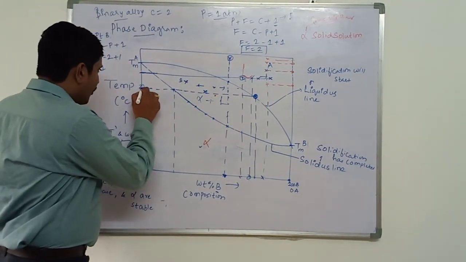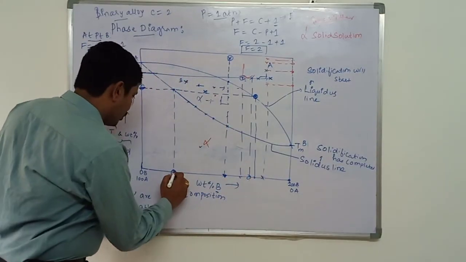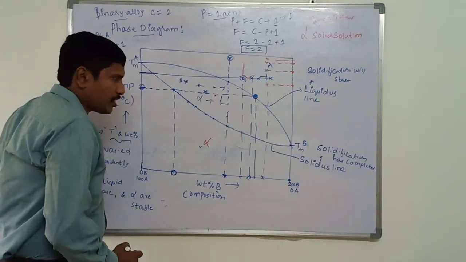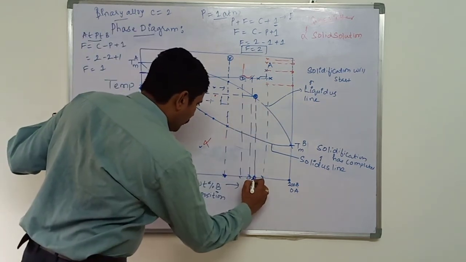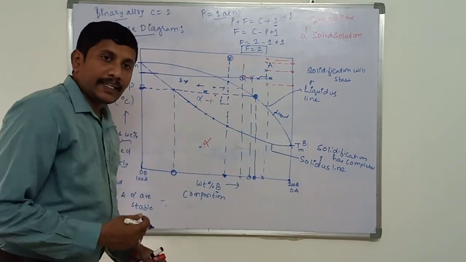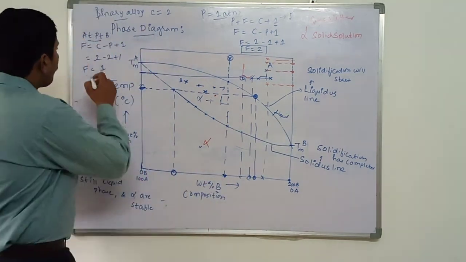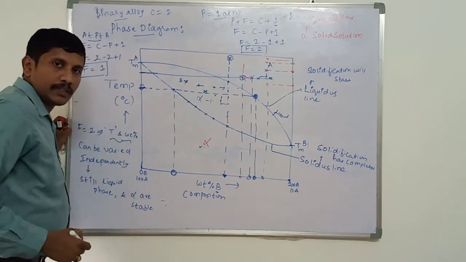If you are choosing the temperature, the composition of the alloying element in the solid solution and the composition of the alloying element in the liquid are getting fixed. That is the meaning of degrees of freedom is equal to 1, right?